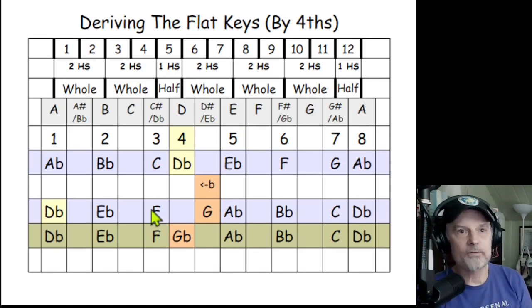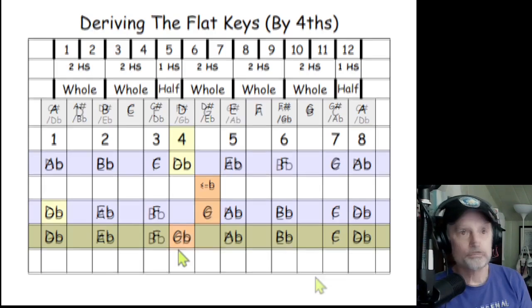Writing down A flat, we see the 4th is D flat. When we put D flat down, we see our 4th is G. So we flat the G, flat the 4th. Now the key of D flat has 5 flats: B flat, E flat, A flat, D flat, and finally G flat.